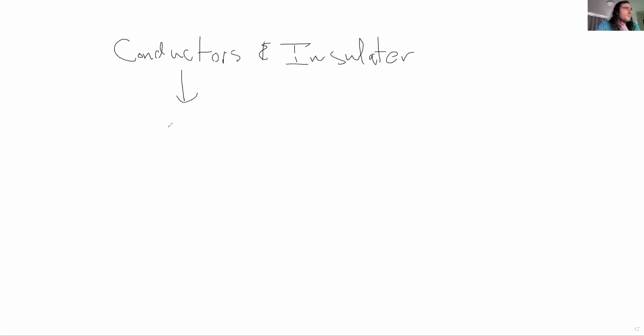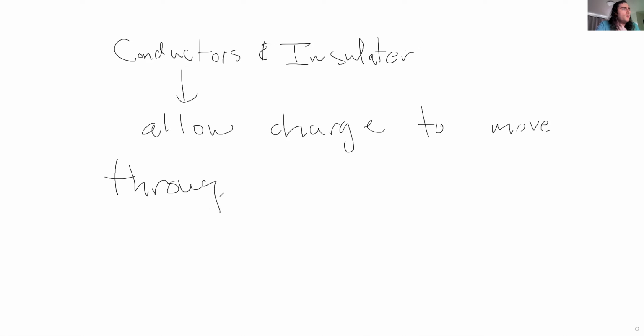After electric fields, let's take a little bit of time to discuss conductors and insulators. What is an insulator? An insulator is something that's not a conductor. Conductors allow charge to move through and around.